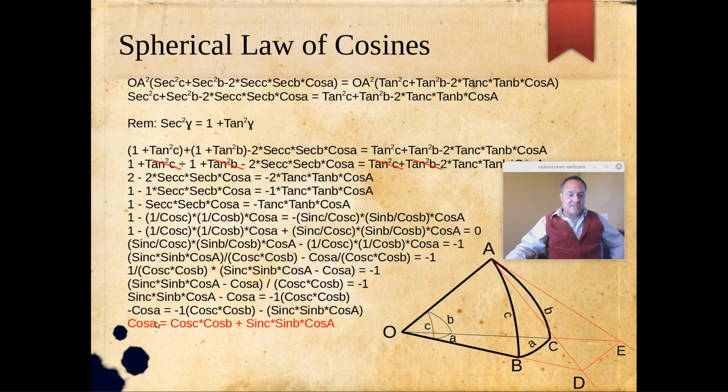And it turns out that the missing side a, down here, is equal to the product of the cosines of the adjacent sides plus the product of the sines of the adjacent sides times the cosine of their enclosed angle. So the rule is different. It looks different stylistically.